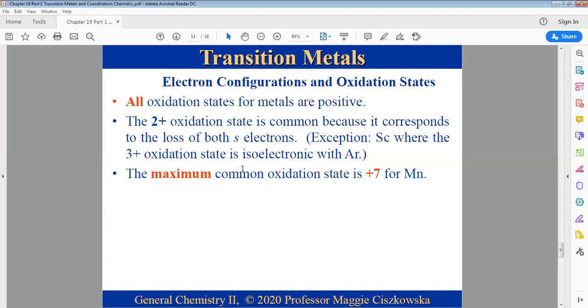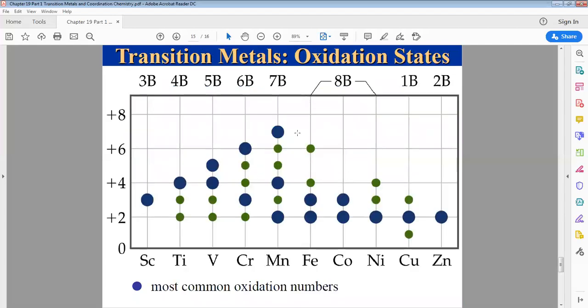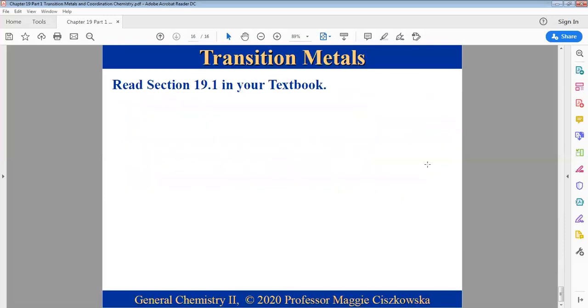The maximum common oxidation state is +7 for manganese. So +7 will be the highest oxidation state for transition metals. +1 is for copper. So really the oxidation numbers change from +1 to +7 here.